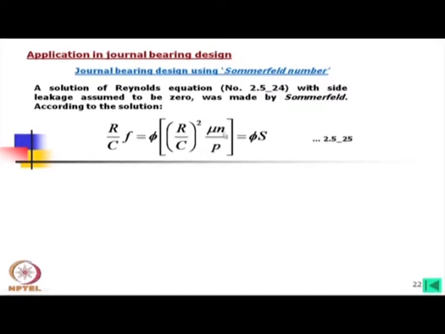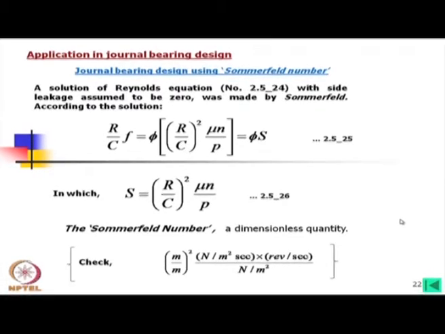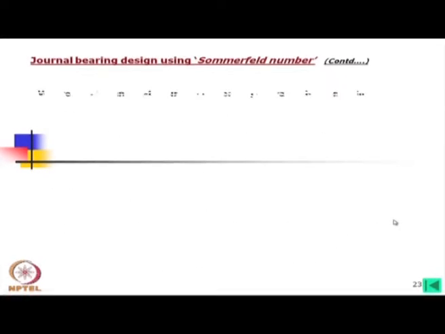This quantity he proposed is defined by s and called the Sommerfeld number, and it is a dimensionless quantity, which can be verified from this. Now, what are these parameters?